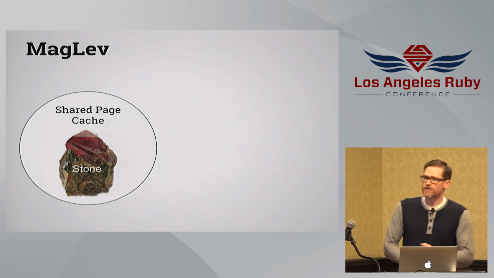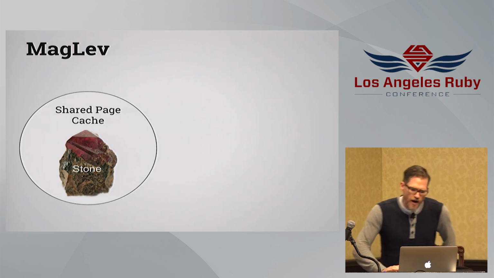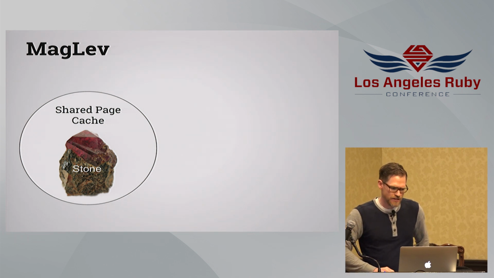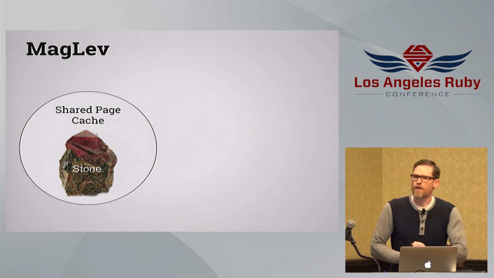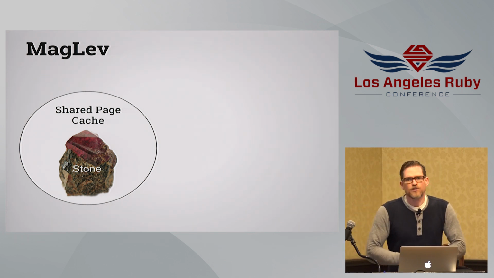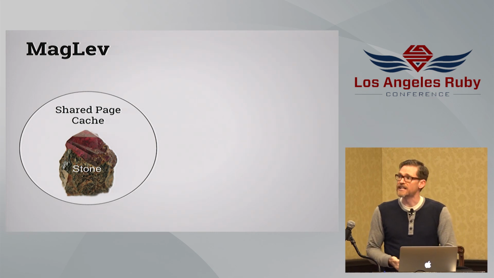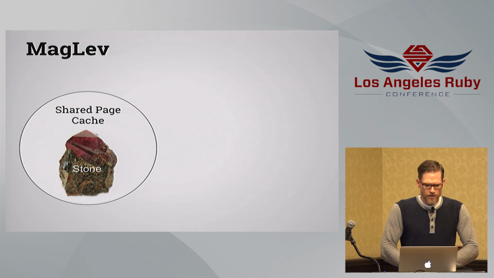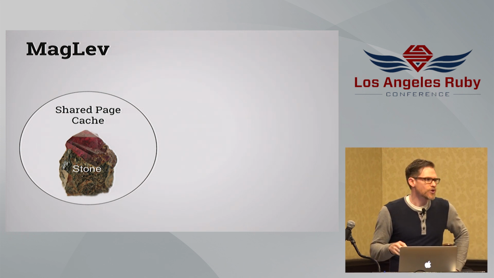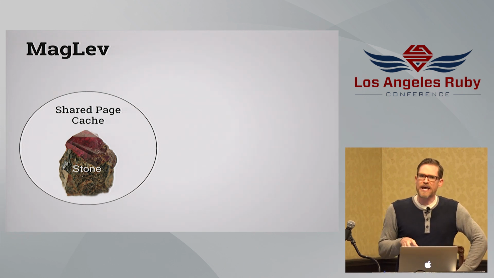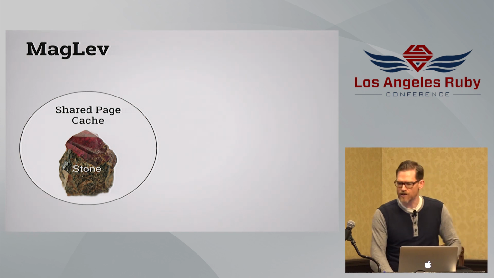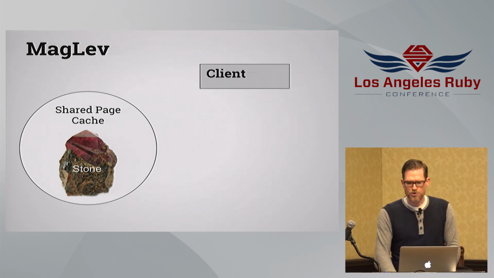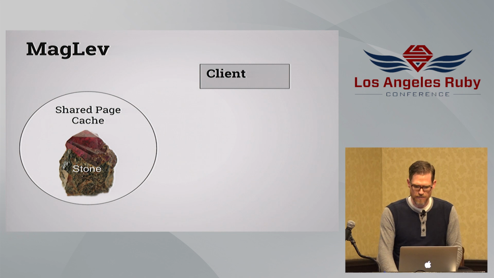So in MagLev, there are some different terms. A big thing is the stone. The stone is fairly analogous to your data store. That's where all of your data lives. Around the stone, there's a shared page cache. The way MagLev works is you spin up your client, you spin up your VM.